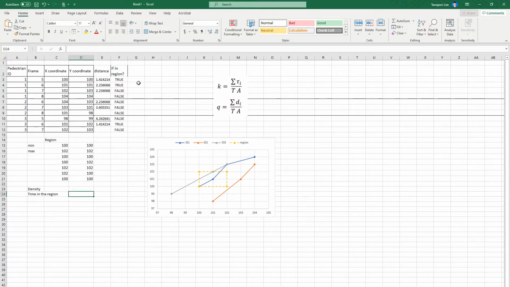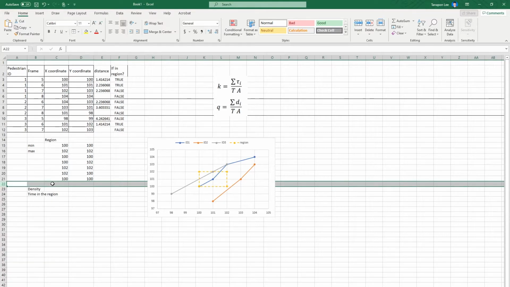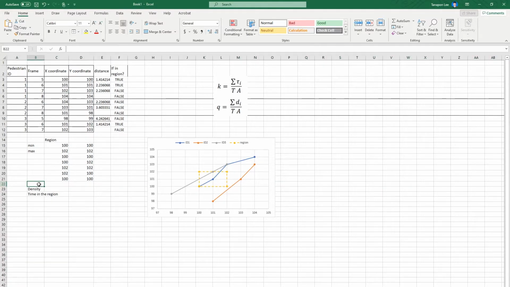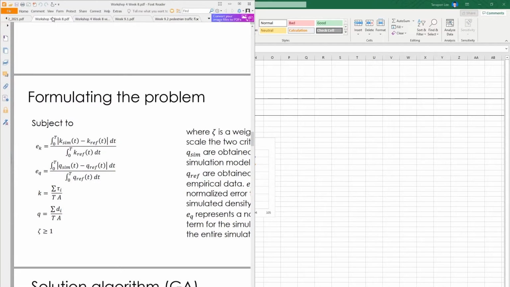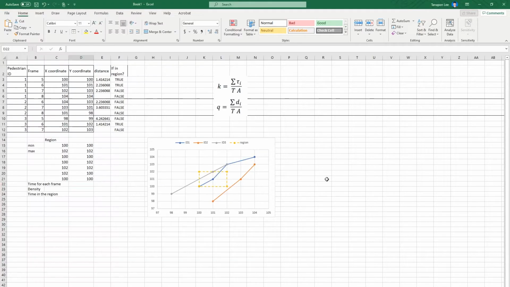So we can calculate the total time. It's called time for each frame. The time for each frame is 0.1 seconds.